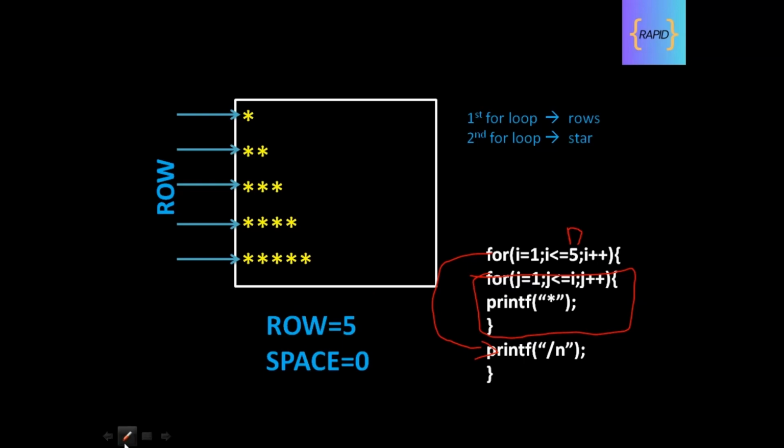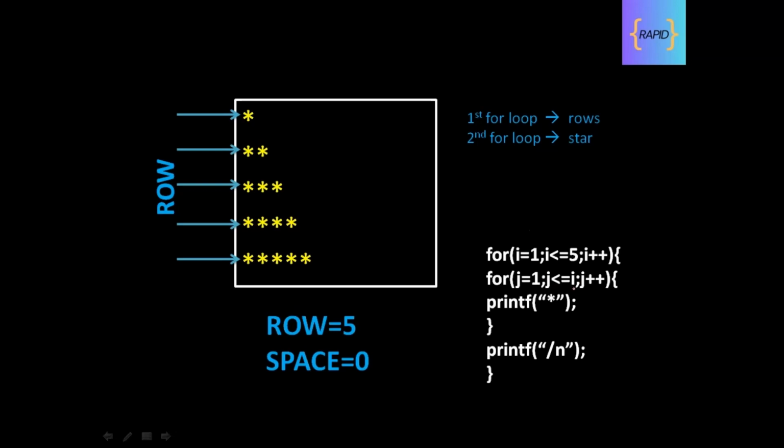So let me explain the process of how it is working. See, i is 1 and i is less than or equal to 5, so the condition is true. So this for loop will be executed. And in this for loop, you can see j is 1, and j is less than or equal to i, and i is 1.